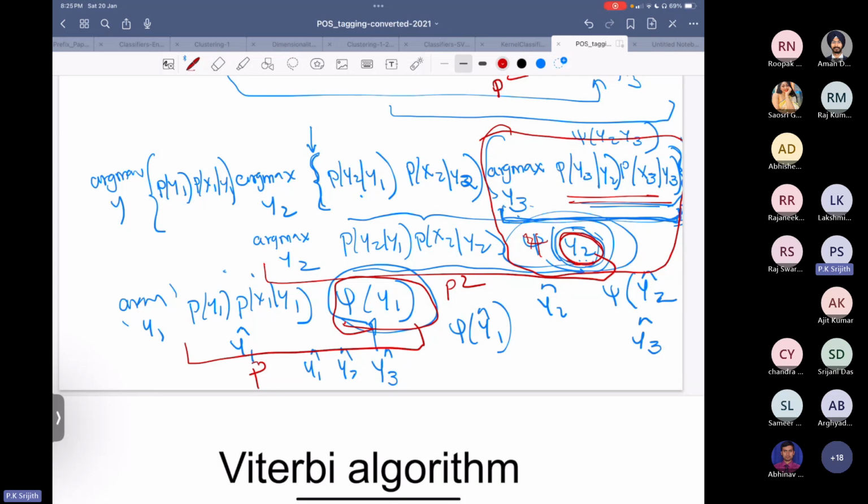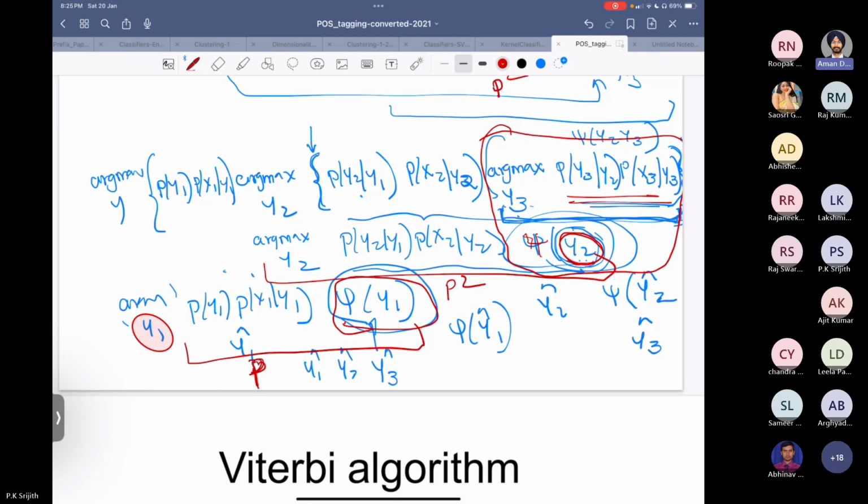I just need to argmax over y1, and y1 can again take p values. That's all, p.